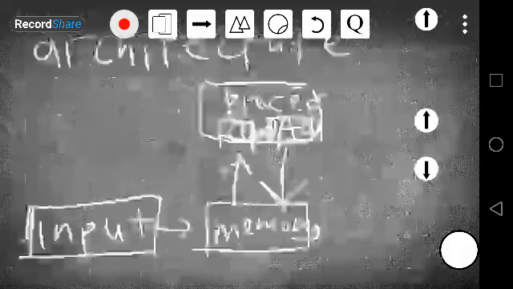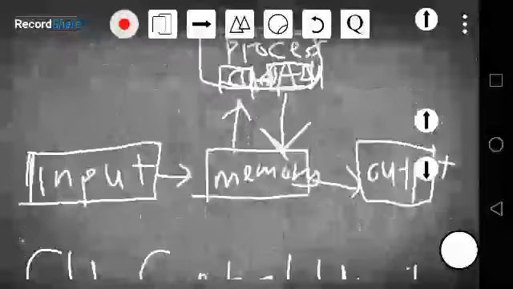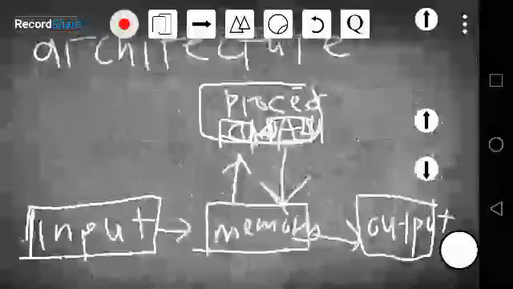The control unit, since it manages the commands and input output, sends them to the ALU for calculation, and they are sent back to the control unit, and from the control unit they are sent back to the memory and displayed as output. So basically this is the von Neumann architecture.